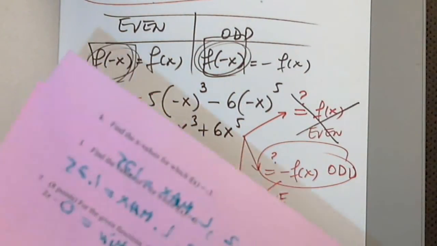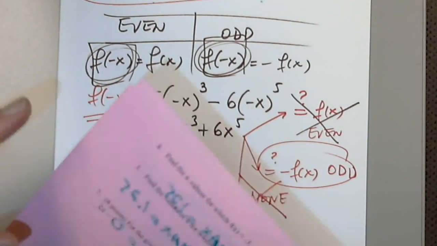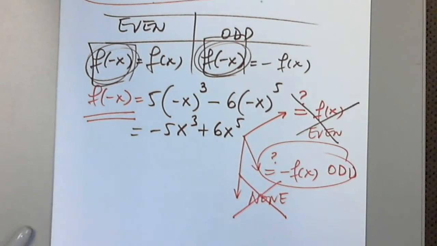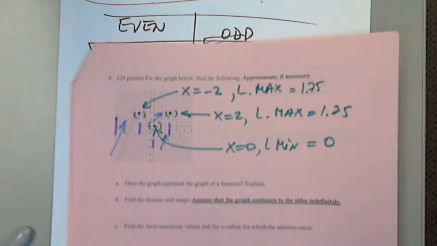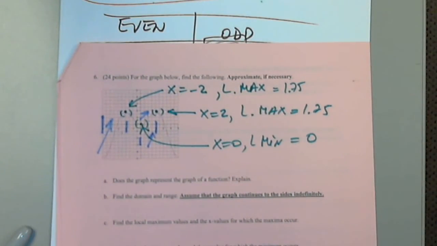Okay. Find x values for which f of x is -3. F of x equals -3. What is given when we are told f of x equals -3? What are we given? If I say to you f of x equals -3, what am I giving you? Not x. If I'm not giving you x, what am I giving you then? y.